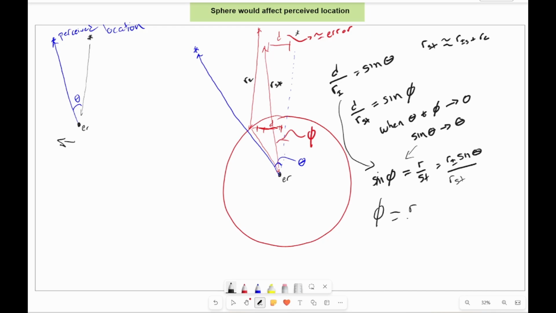Phi is equal to r St over theta. Now to put something in perspective, RST for the closest star is roughly 4 light years.